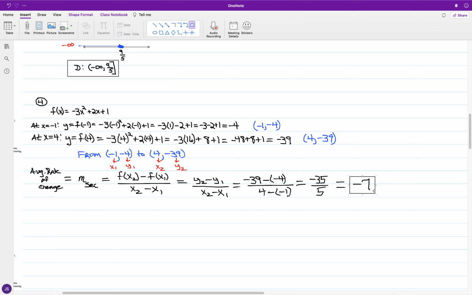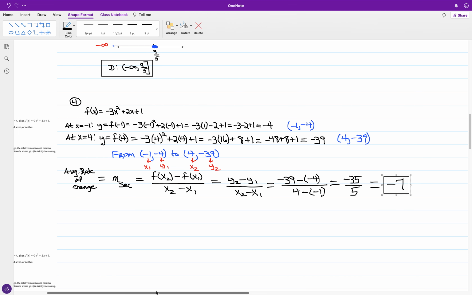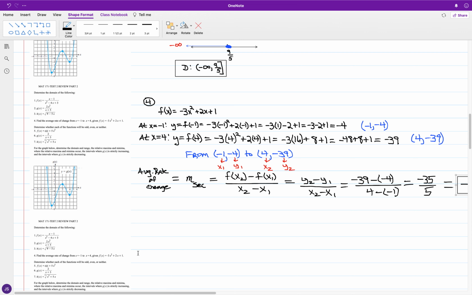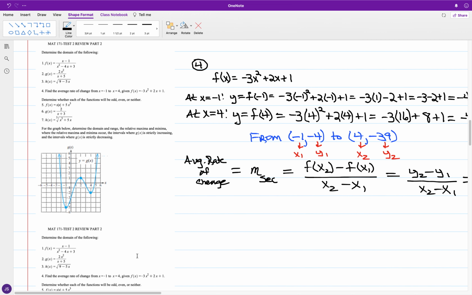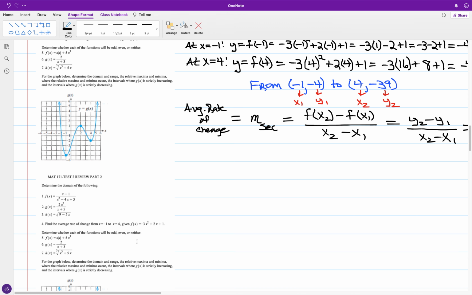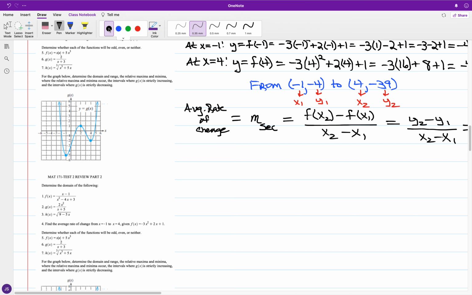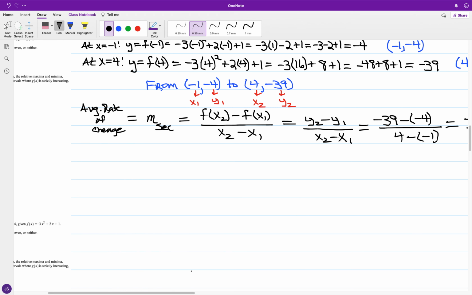Now, regarding odd and even functions, to test whether a given function is odd, even, or neither, let's go back to the definitions.